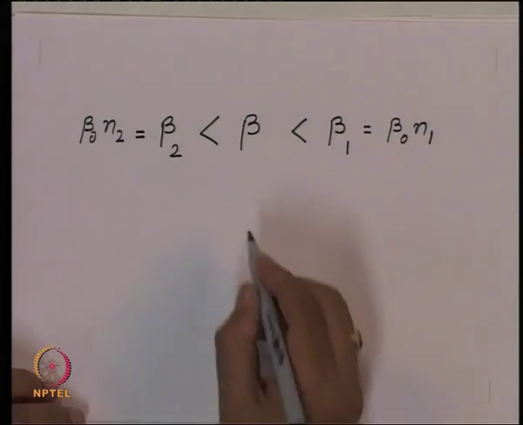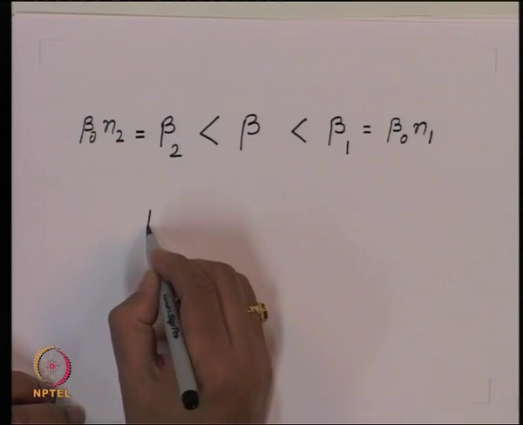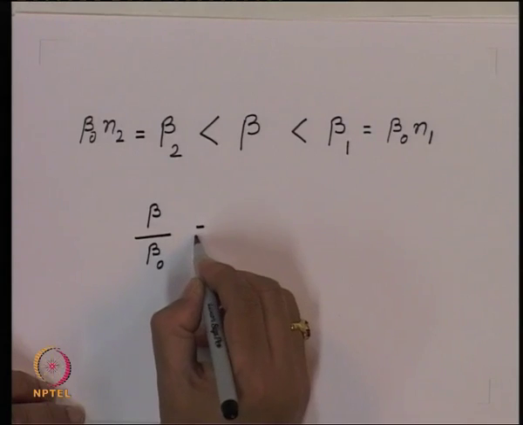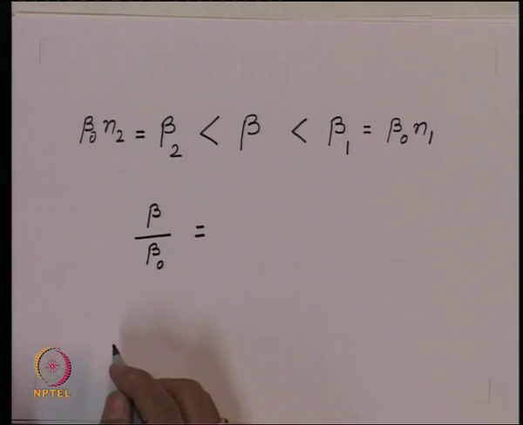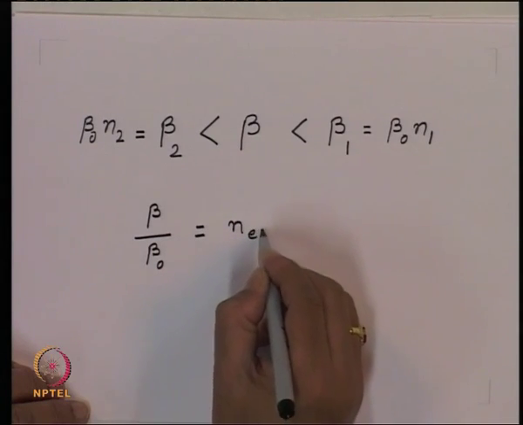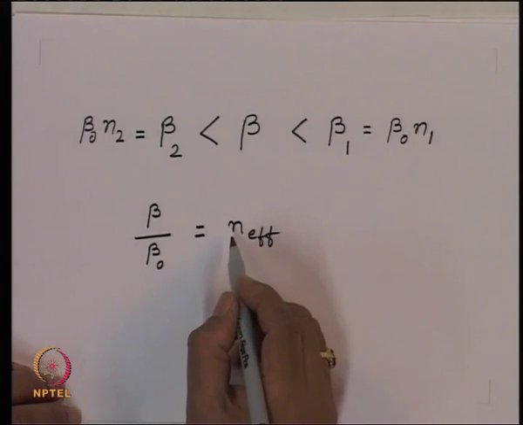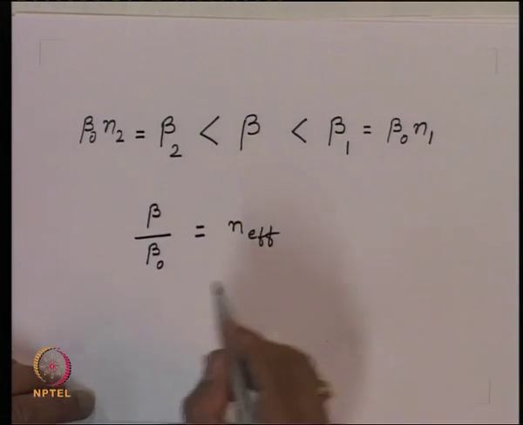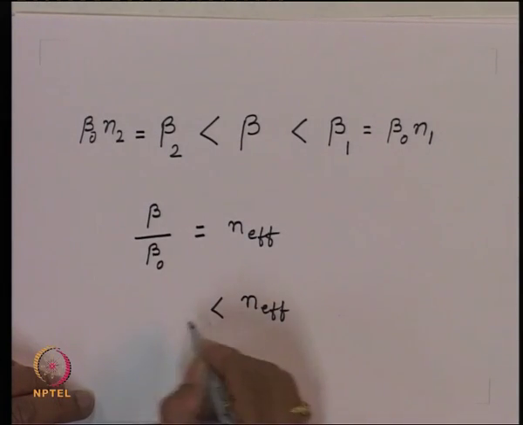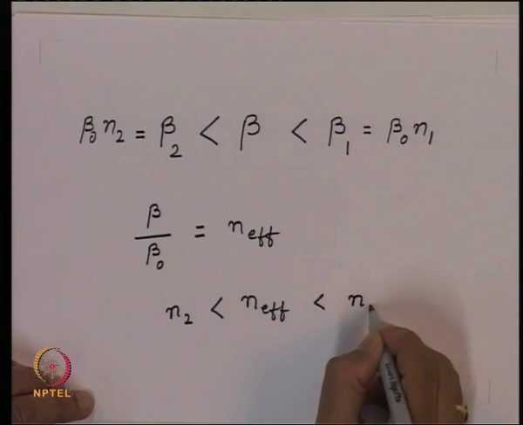So essentially we can say that if I define this quantity beta divided by beta naught as something called the effective refractive index of the modal propagation, let us say this is n effective, then the n effective would lie between n1 and n2. So this quantity n effective, its lowest value will be n2 and its highest value will be n1.